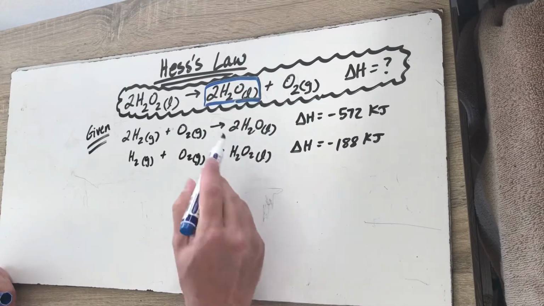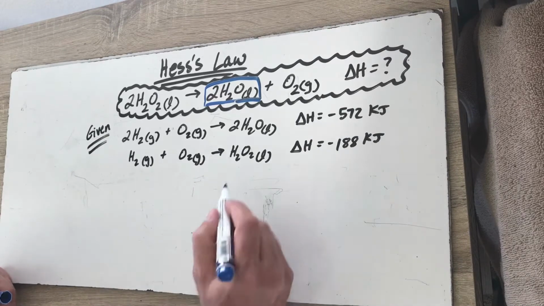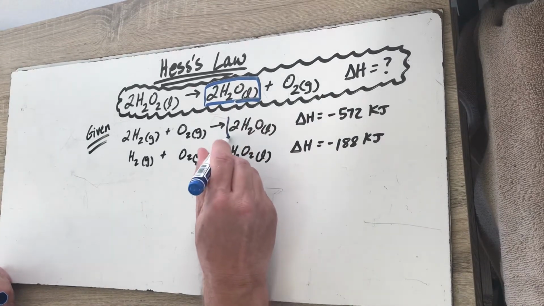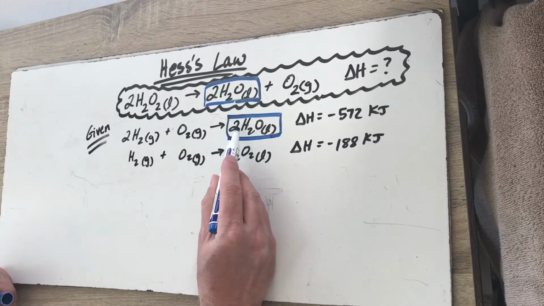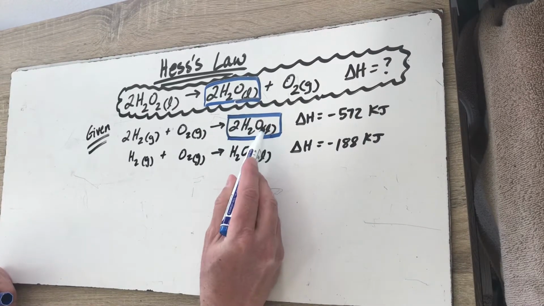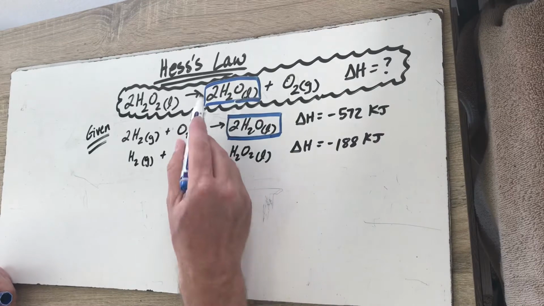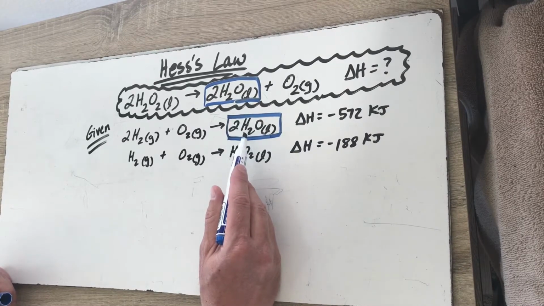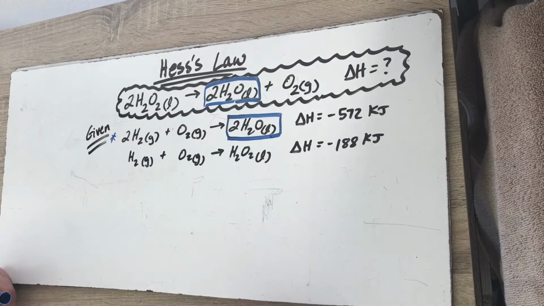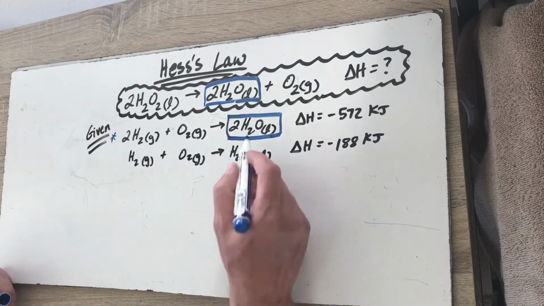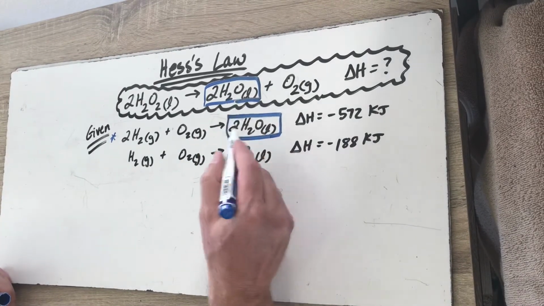Okay, I want to find that in these reactions. And I find that right here. I have 2 moles of water, and it's on the right side of the arrow as a product. It's liquid. Everything seems to match. It's exactly the right amount. So what that tells me is I'm going to use this equation right here, and I'm going to make no changes to it whatsoever.